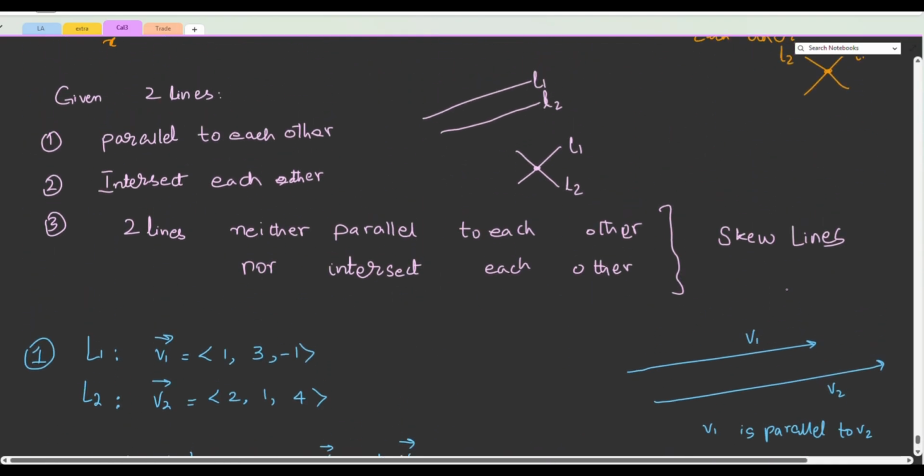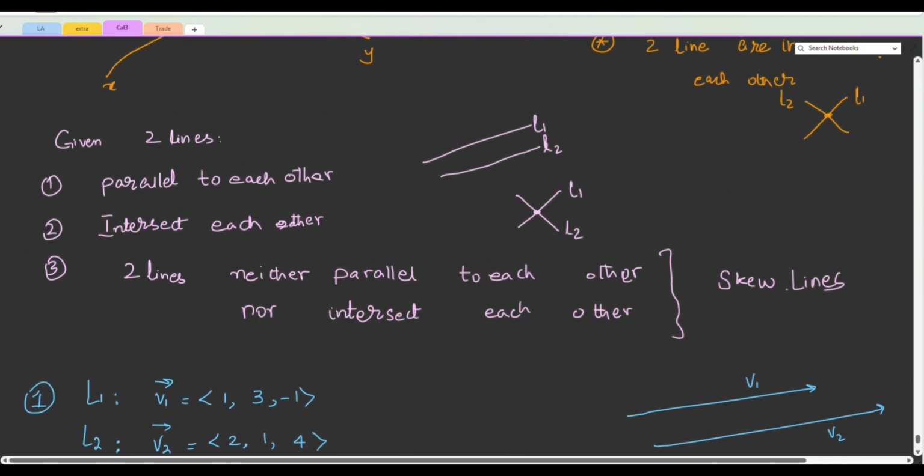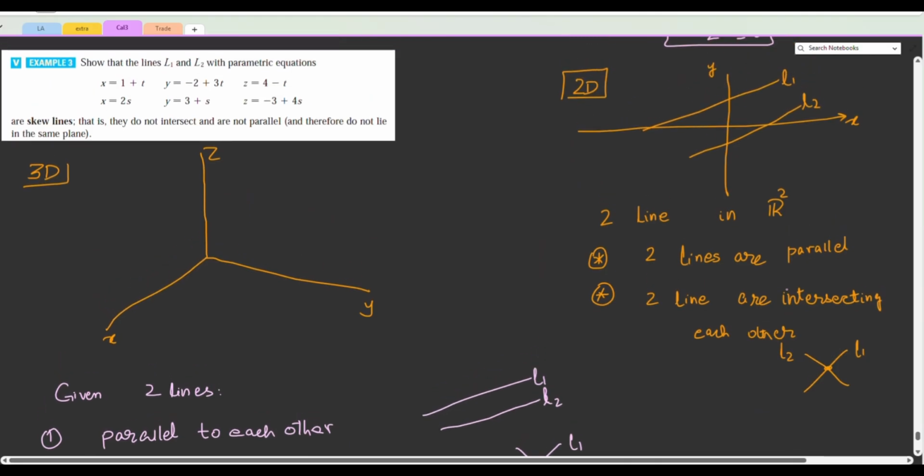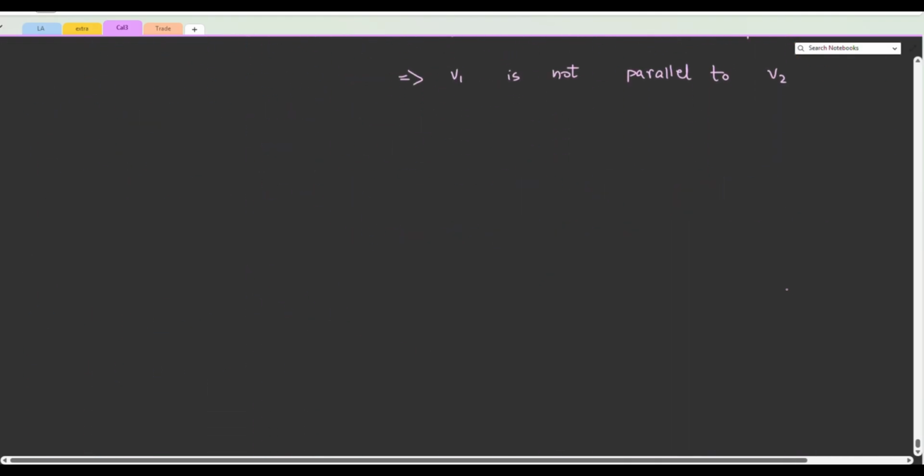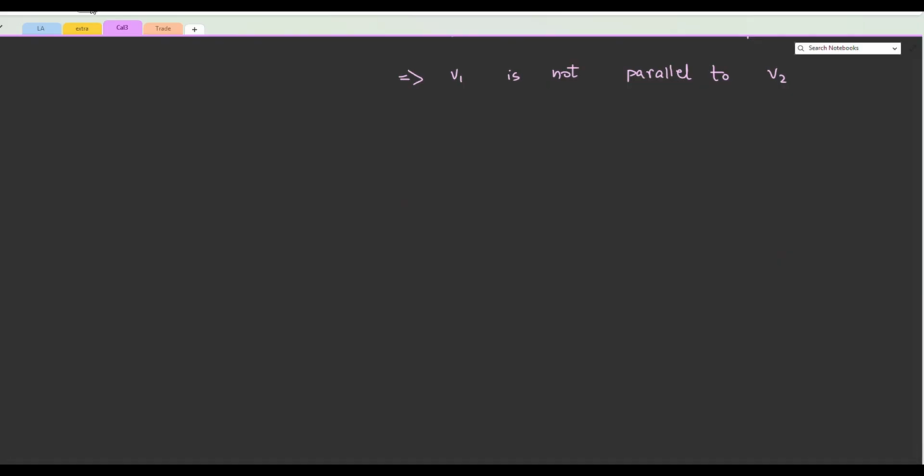Now the next thing we want to prove or disprove is whether the two lines are intersecting or not. So how can we do this? We want to check whether the two lines L1 and L2 are intersecting lines or not.